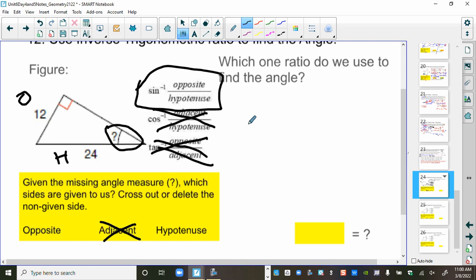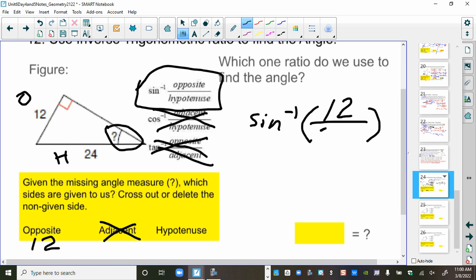But now this is gonna be real easy because all you have to do is just take the sine inverse. Okay, what number's on the top? The opposite is 12. 12 over 24.